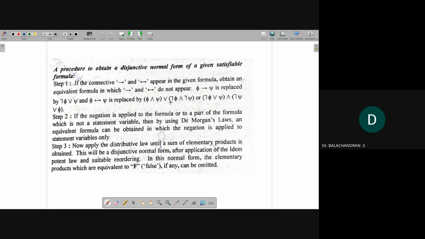Again, I will write these identities in the next slides. After removing connectives, you need to apply the distributive law, associative law, commutative law or De Morgan's law, whichever is needed, and finally we'll try to get a DNF.